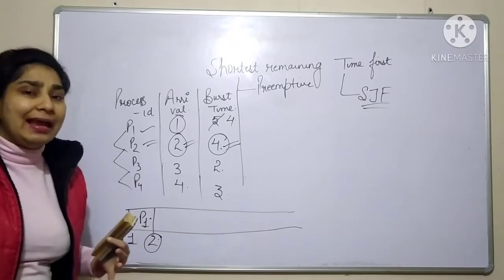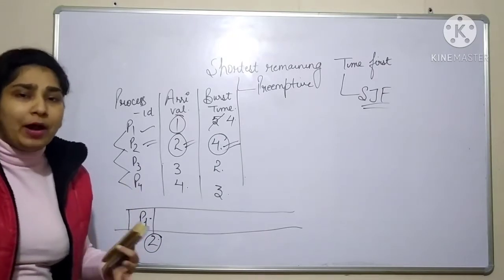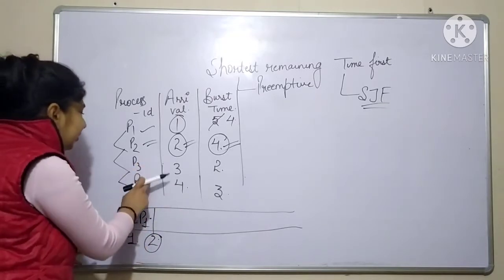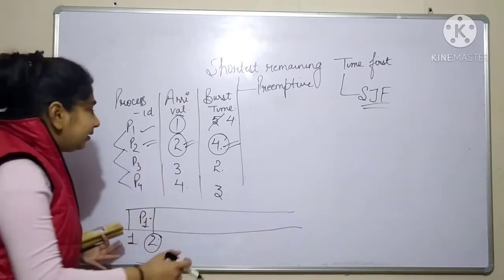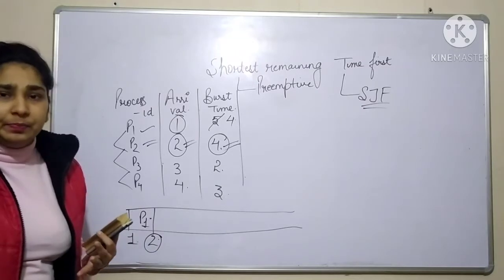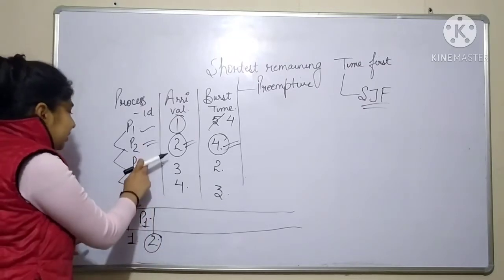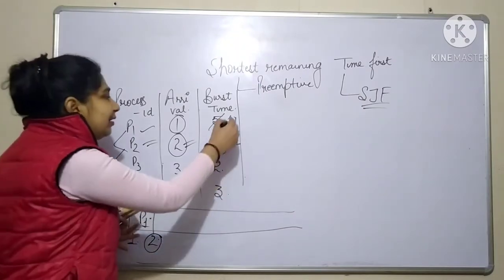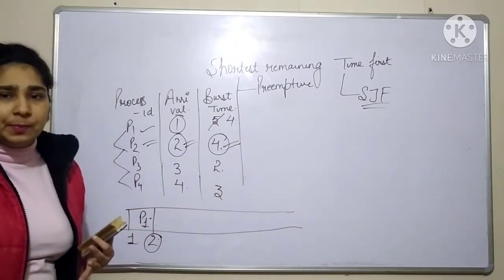So you will be checking at each and every point of time how many processes are coming into the main memory and what their burst time is. You will compare the burst time of the processes present in the main memory with the currently executing process.